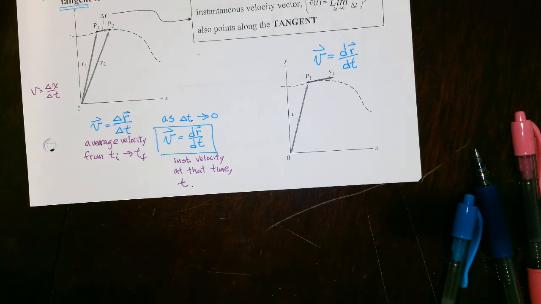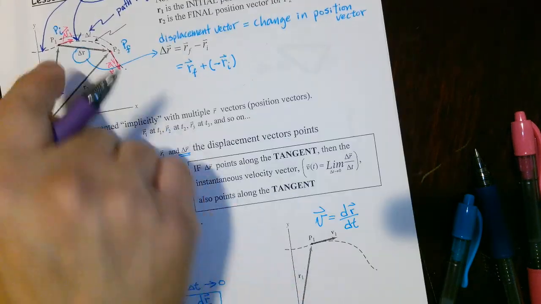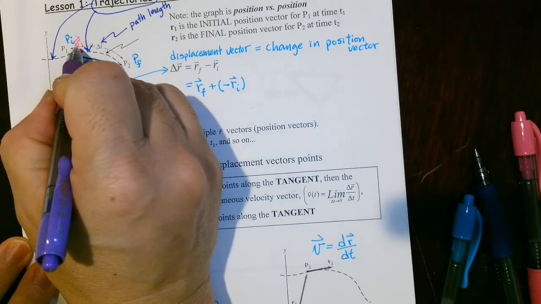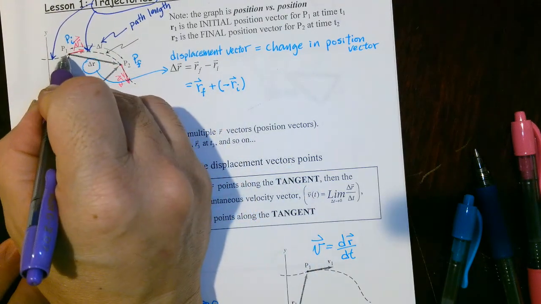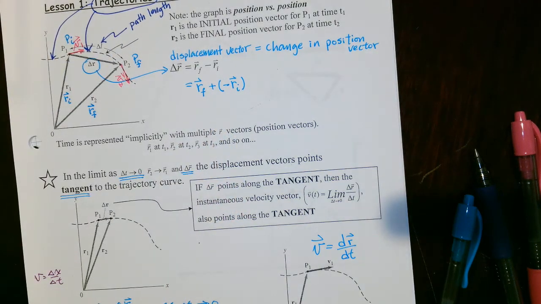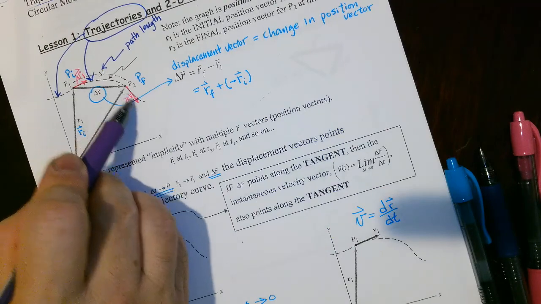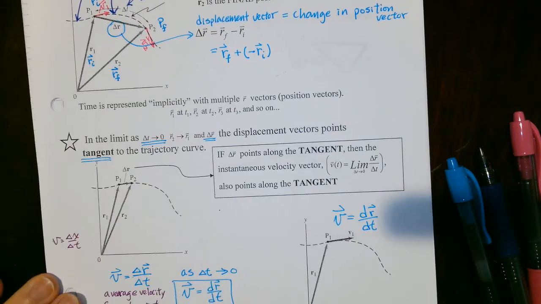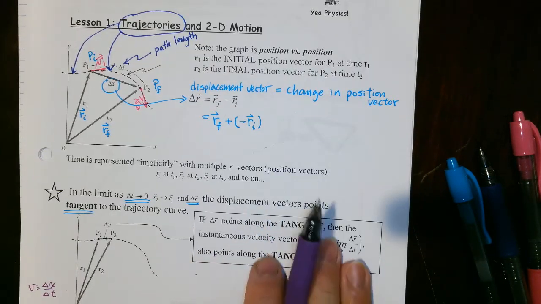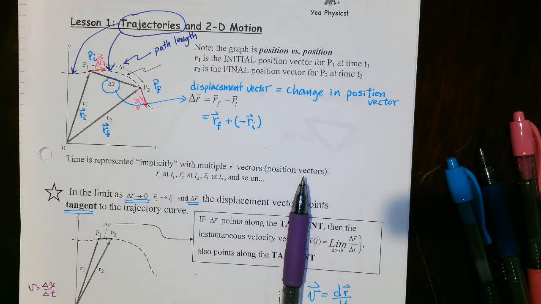All right. It's important to understand that the velocity vector will always be tangential. This is the instantaneous velocity now. It's going to be tangential to the trajectory. Now, velocity has two components: it has magnitude and it also has direction.